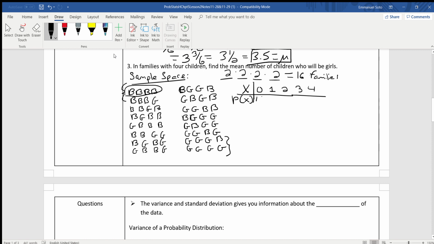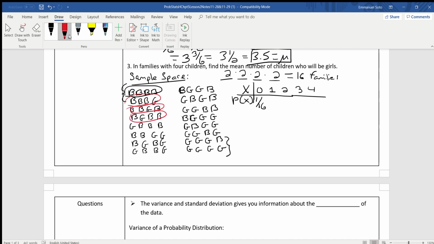So that's 1 out of 16. What's the probability of getting 1 girl? Well, we have 1, 2, 3, and 4 ways of getting 1 girl. So that's 4 out of 16, which is 1/4.